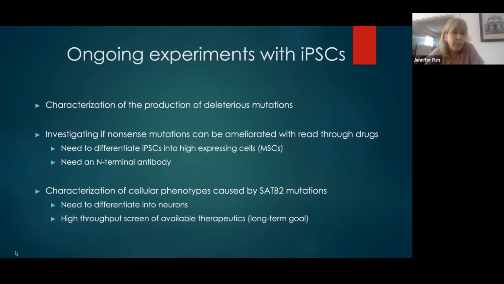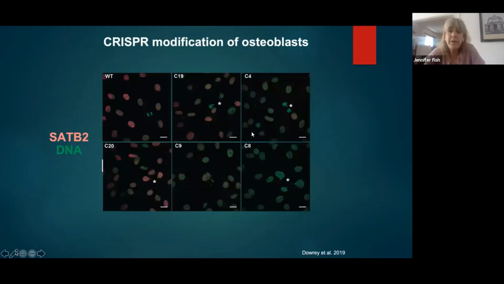So, for example, these are images. So there are 6 different boxes here, and these are 6 different cell types. The one here in the top left is a normal, healthy bone cell. And these other ones, with the exception of the C20, are cells that have mutations in SATB2.